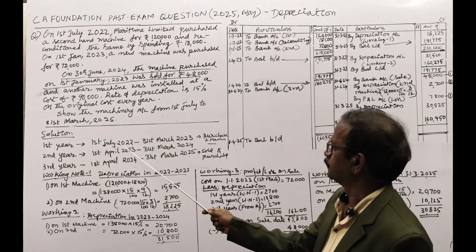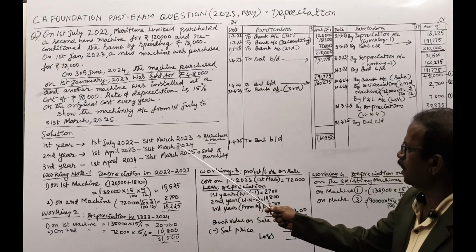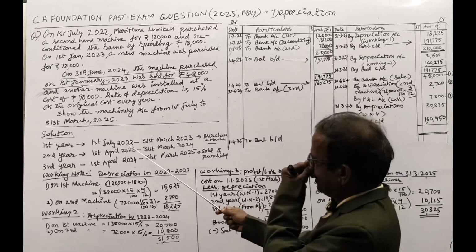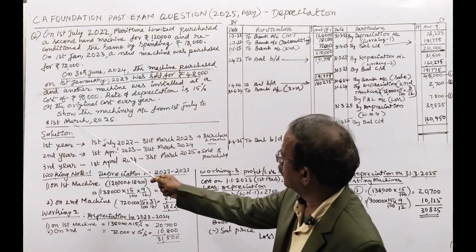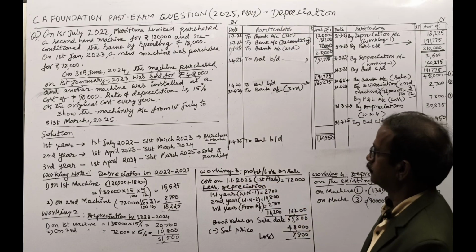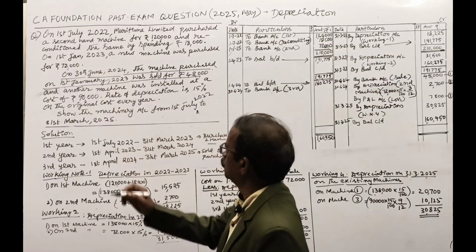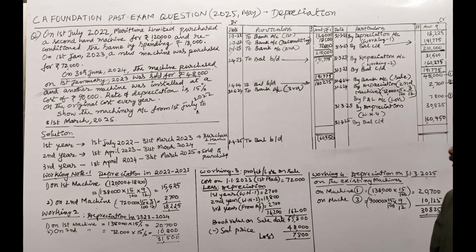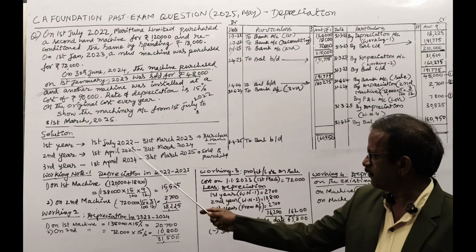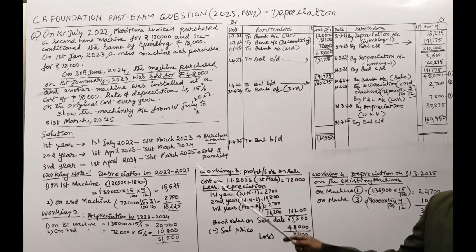The first year starts from July 1st, 2022 and ends on 31st March 2023. This is the first year.